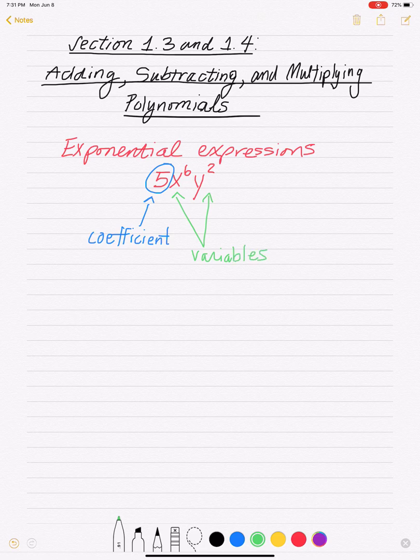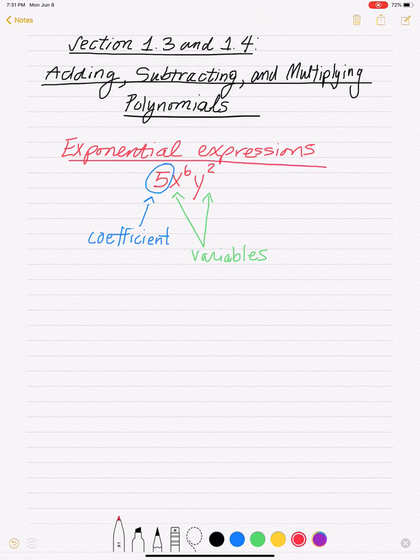Essentially there are three different components to this exponential expression: a coefficient, an x variable, and a y variable. And then there are your exponents for your x and your exponents for your y. So that's what we looked at in the first section.